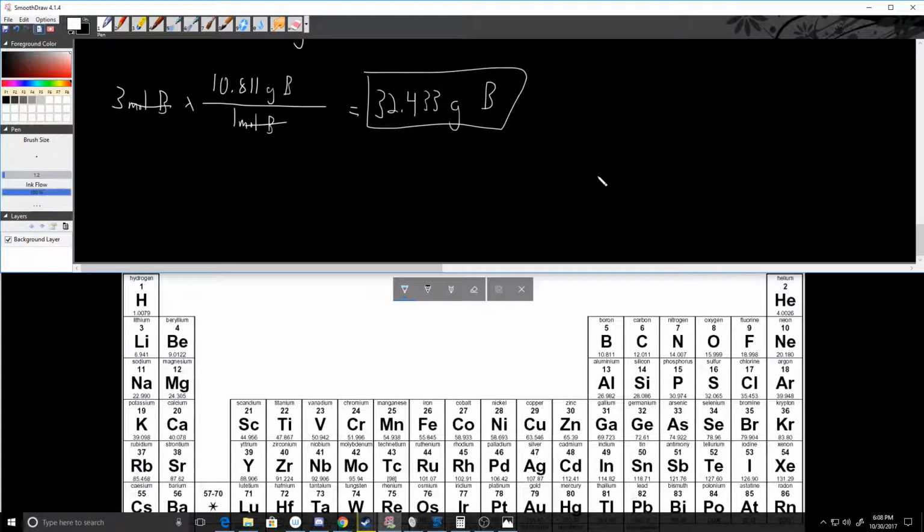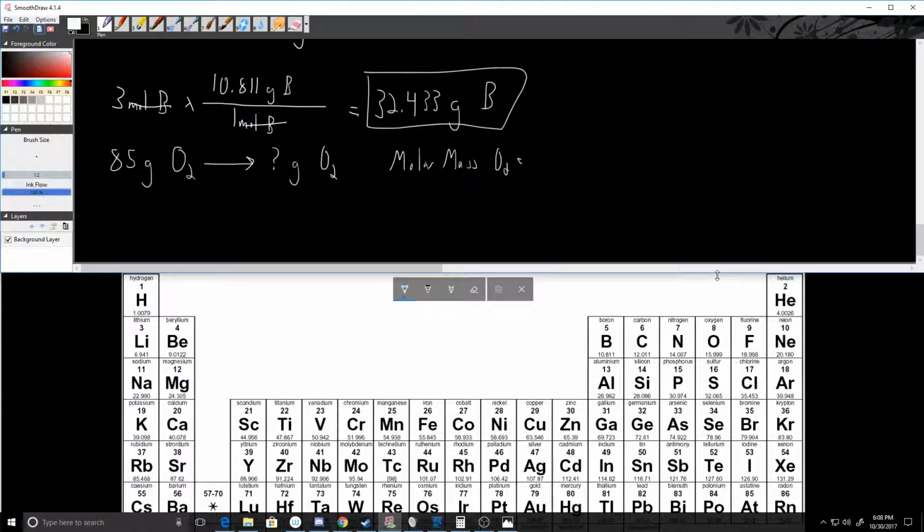Let's look at something slightly different. Let's say that I have 85 grams of O2, oxygen gas, 85 grams. And I want to know how many moles of O2 I have. So the first thing I need to do is look here and figure out what the molar mass of O2 is.